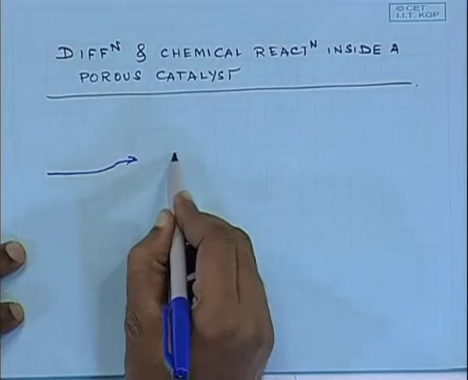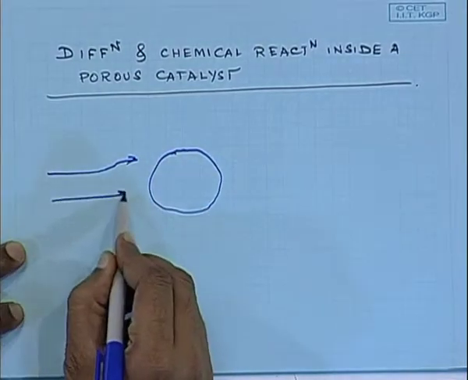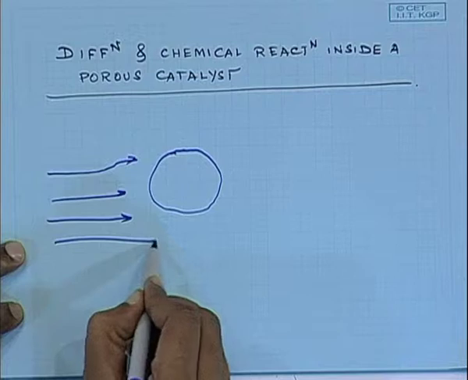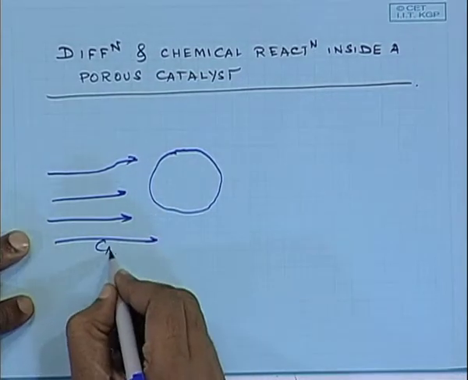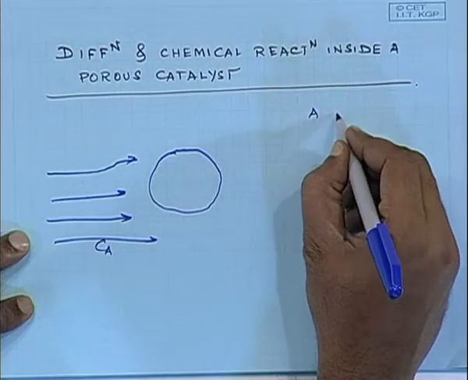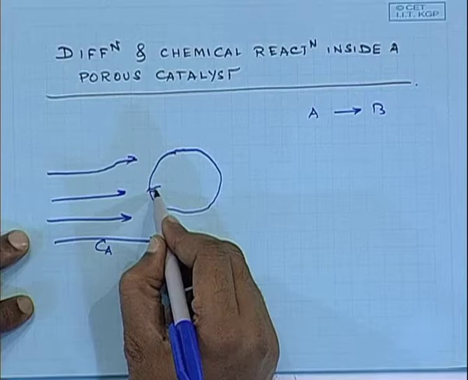So, we'll start with let us say the reaction is such that I have a spherical, roughly spherical particle and concentration at some with some concentration, and the reaction is A going to B. The reaction takes place only inside the pores.